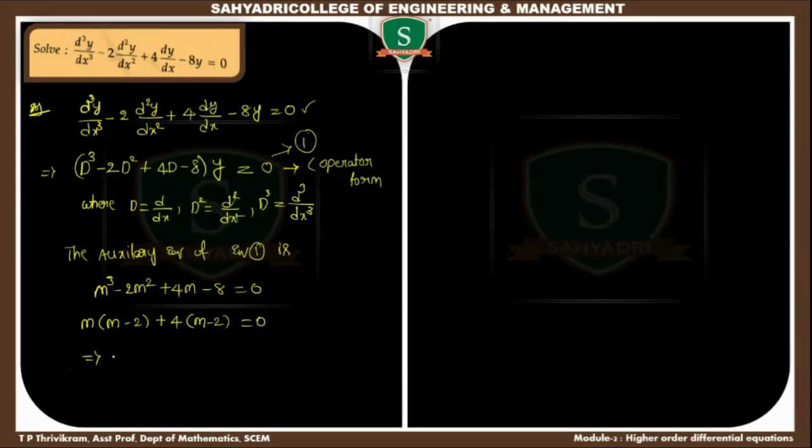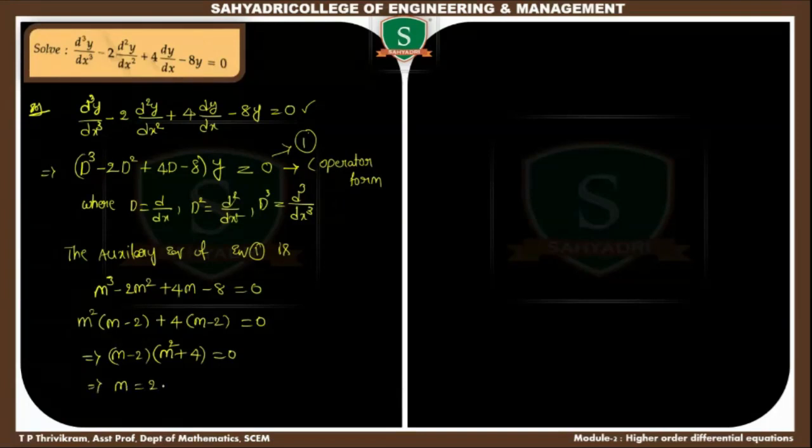So take m minus 2 common: you get (m minus 2) times (m square plus 4) equal to 0.